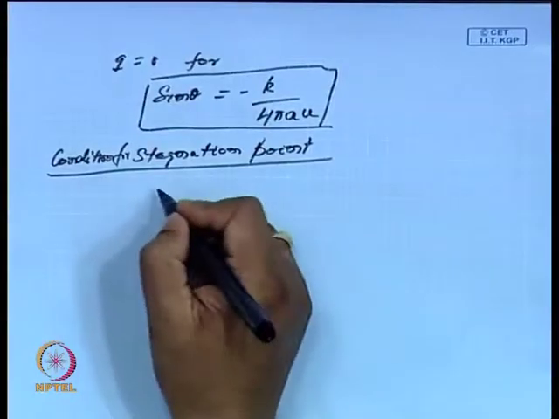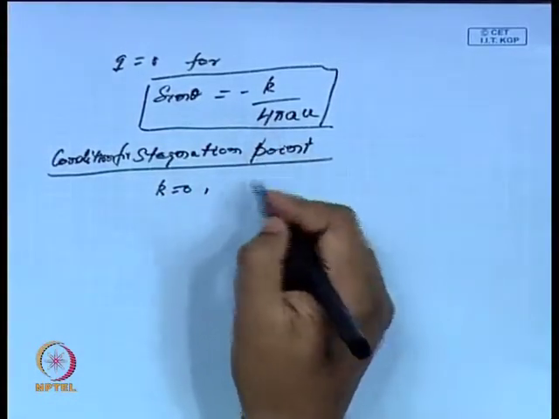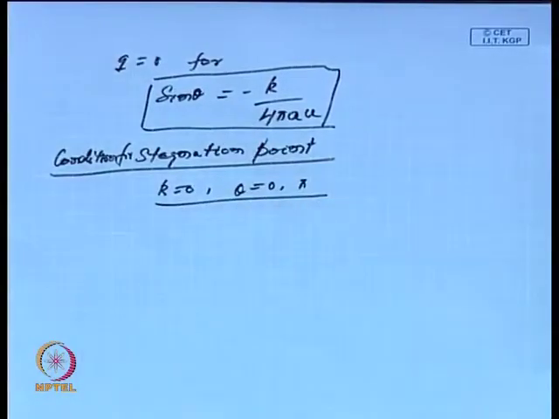So, we will see that when k is equal to 0, if there is no circulation, that means theta is equal to 0 or pi, and in that case we have a stagnation point, as we have seen earlier in the case of a uniform flow past a cylinder.